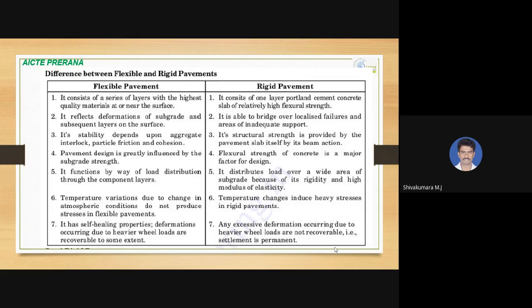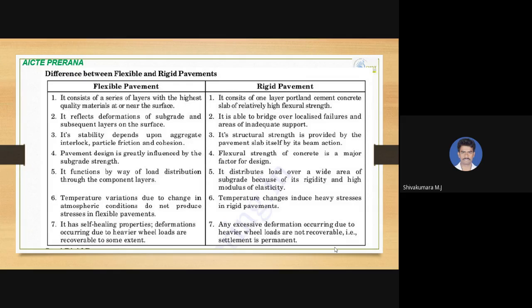Flexible pavement functions by load distribution through the different component layers, whereas rigid pavement distributes the load over a wide area of subgrade because of its rigidity and high modulus of elasticity.